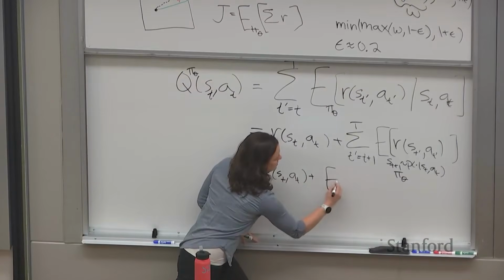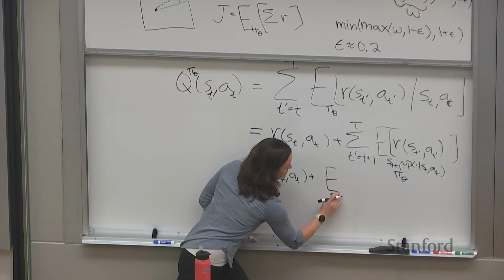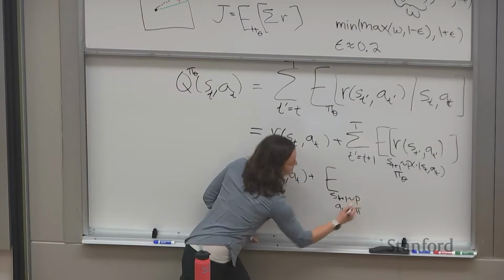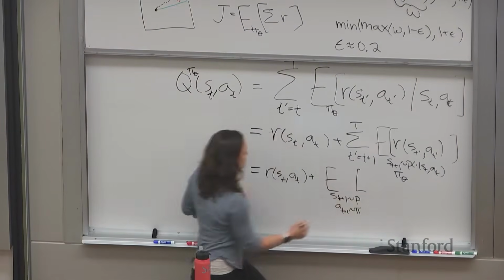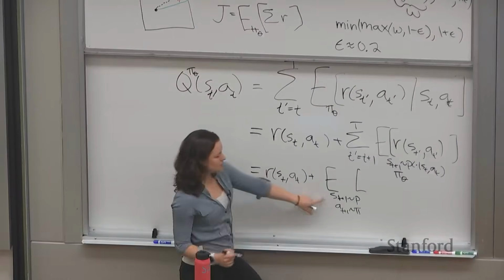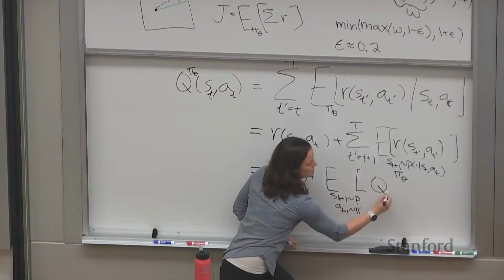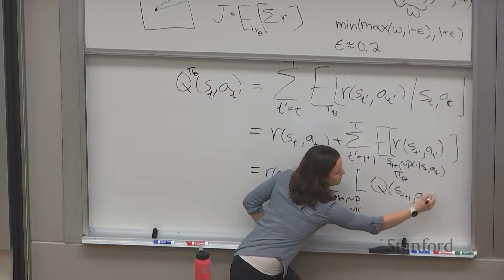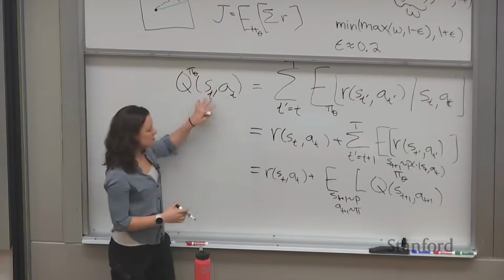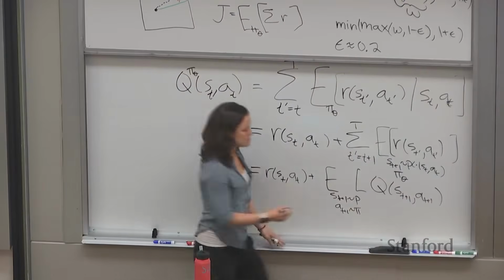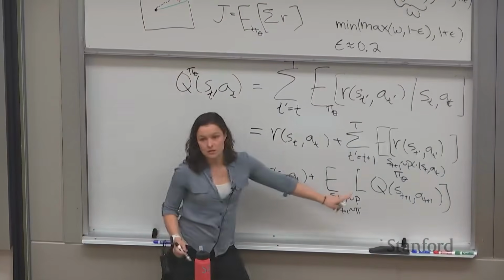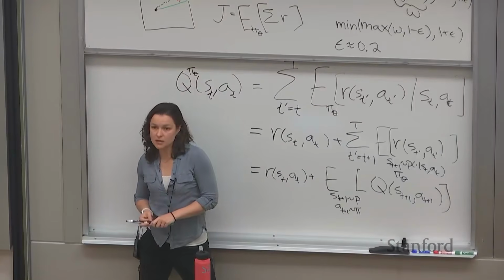So with the expectation over S_t plus 1 and A_t plus 1 sampled from our policy, the Q at the current time step is the reward plus this expectation of the next Q. And so we can define Q recursively like this, as the reward at the current time step plus the future Q at the next time step.